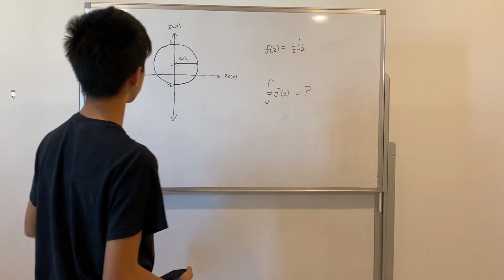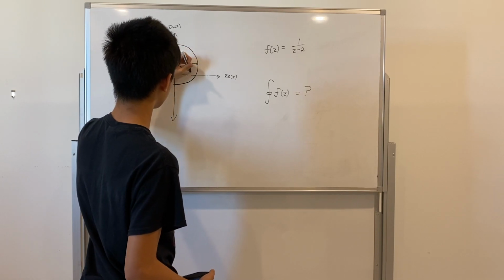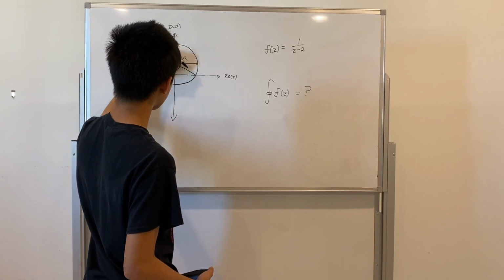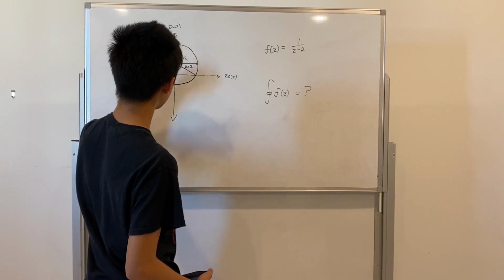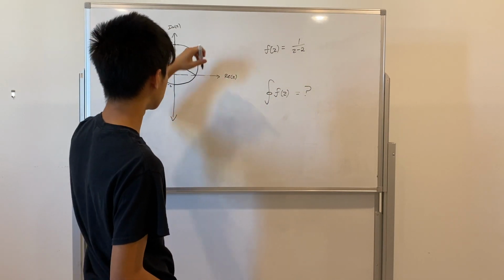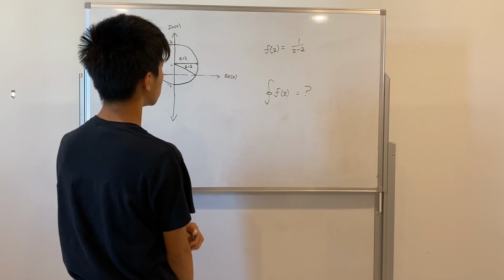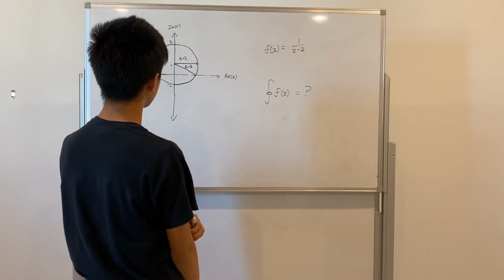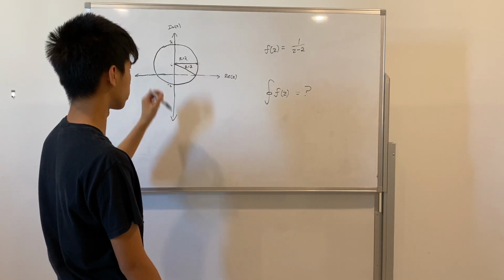Well, in order to find that, we need to plot out the discontinuity, which we're not quite sure where it is with respect to this circle.